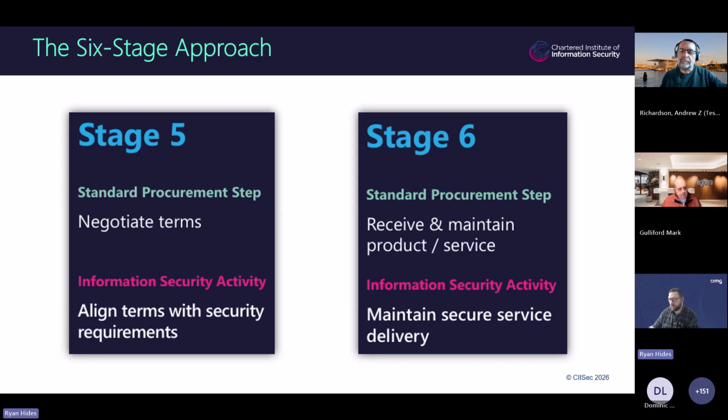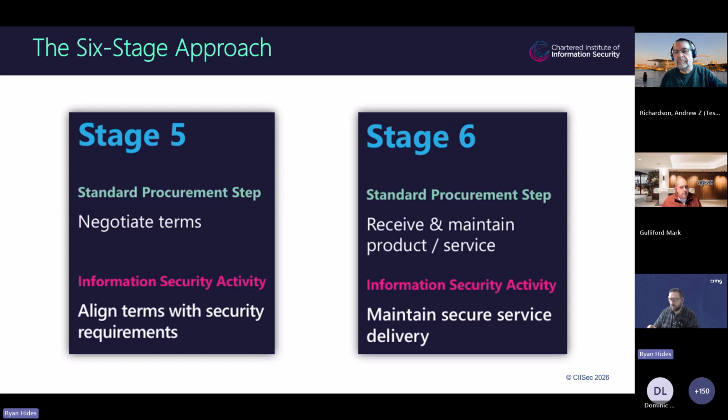So to ensure that your data is safe, even after the contract's term, they have a responsibility to ensure that data is safe. And ensuring that this is happening is key. That can also be related to stage 5 and keeping that in the negotiation terms, the contract terms, and also incident reporting as well.